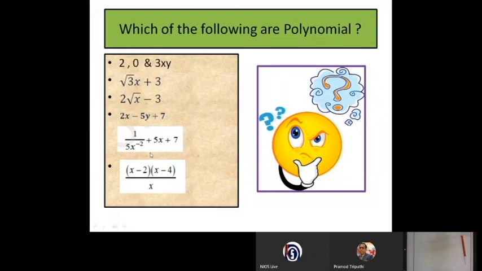So it will be 1 upon 5 into x raised to the power 2 plus 5x plus 7. When x reaches the numerator, the exponent will be plus 2. Minus 2 will change to what? X to the power 2. So it will also be a polynomial.